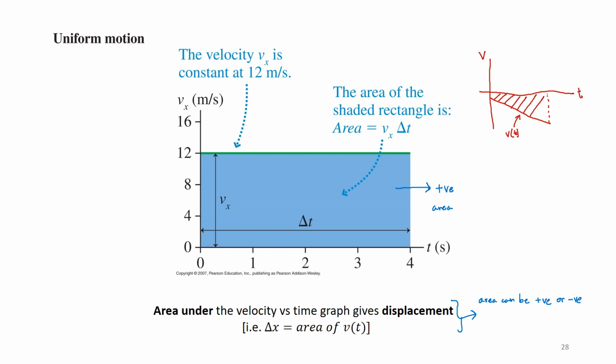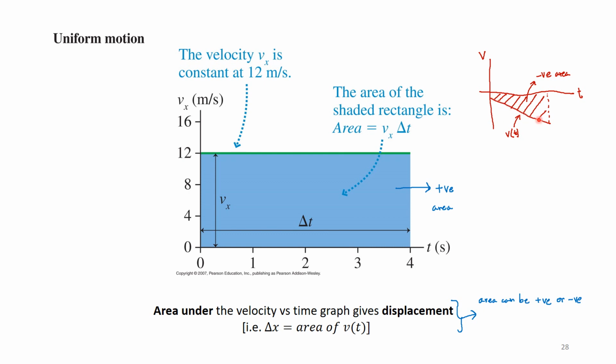You can see it encloses an area under the time axis, and this is going to have a negative area. These are examples of when the area can be positive or negative, which means the displacement can be positive or negative.